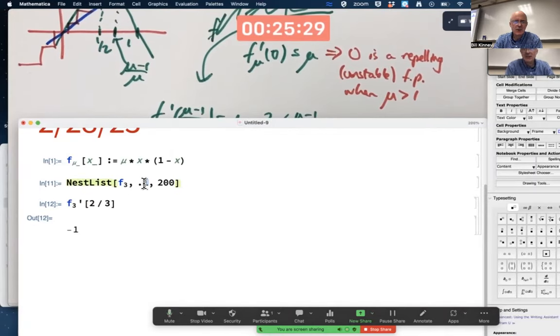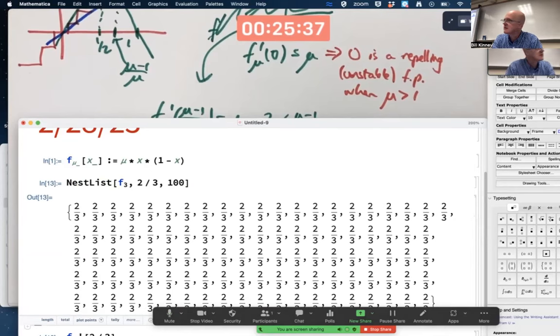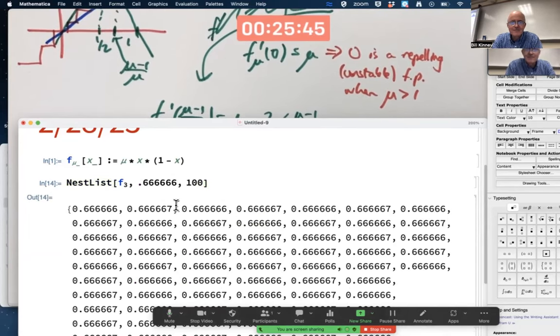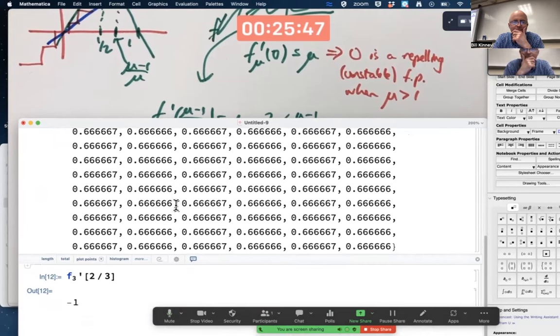If I pick a seed real close to 2/3, well, if I pick 2/3 exactly, it will always be 2/3 because it is a fixed point. What if I pick something close to 2/3, but not exactly equal to it? If it is going away from 0.6 repeating, it's very slowly.